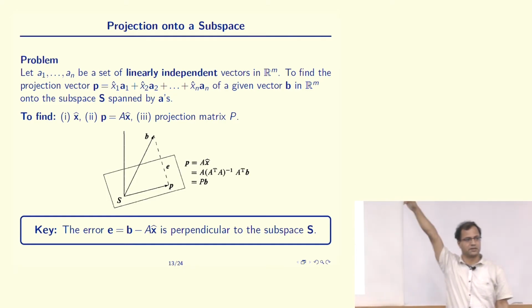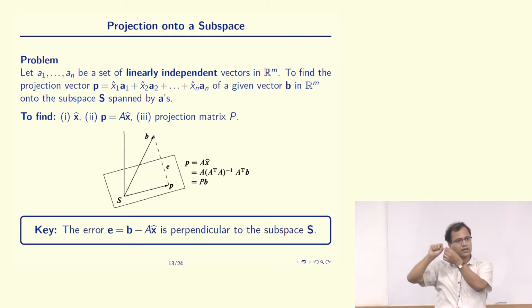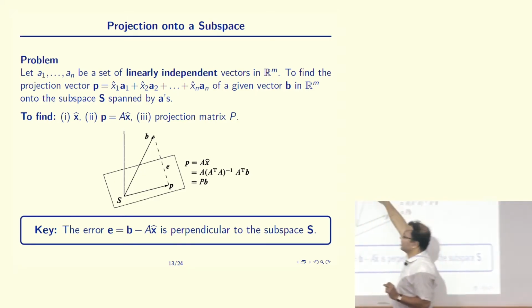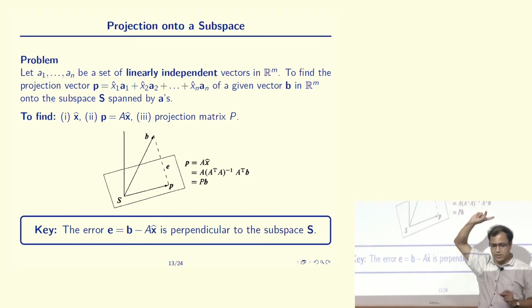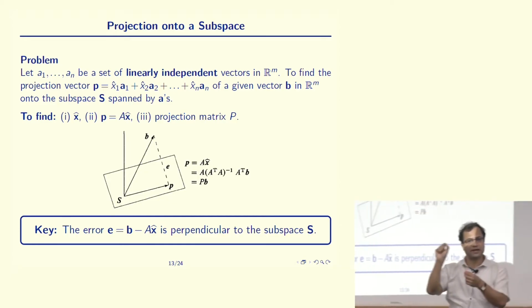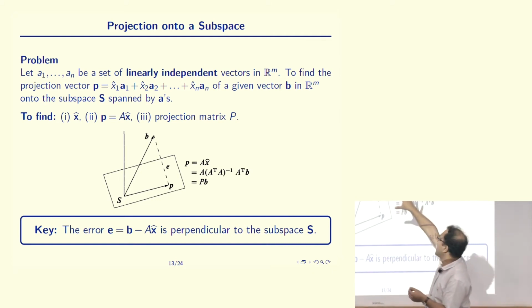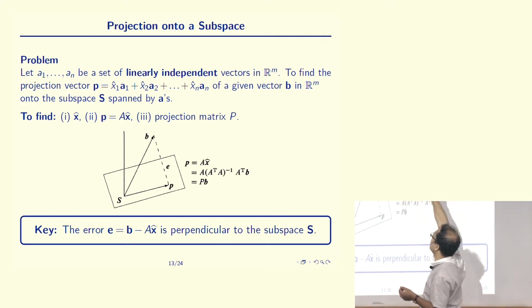That is our vector. We have to find x1 cap, x2 cap, ..., xn cap, so that the point P is the projection vector of B. In the previous case we had to find only x cap; now we have to find x1 cap through xn cap. That's the only difference.